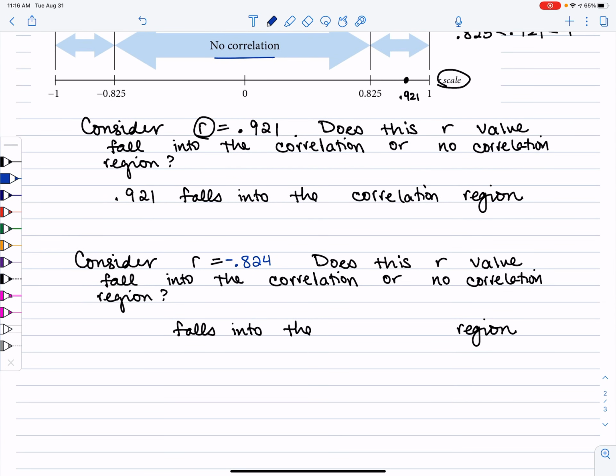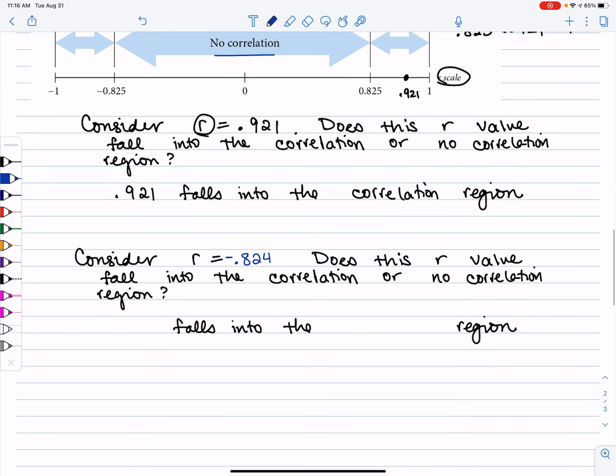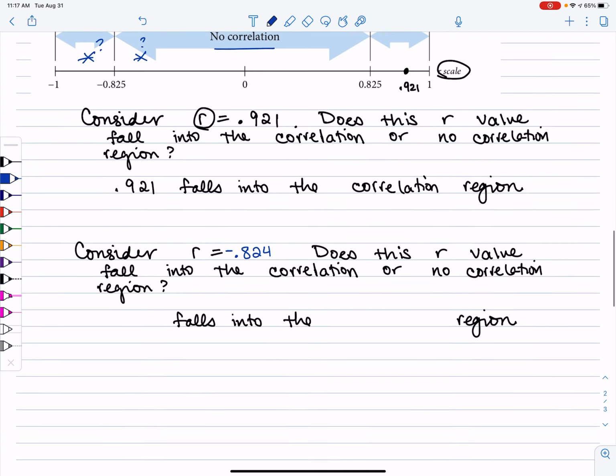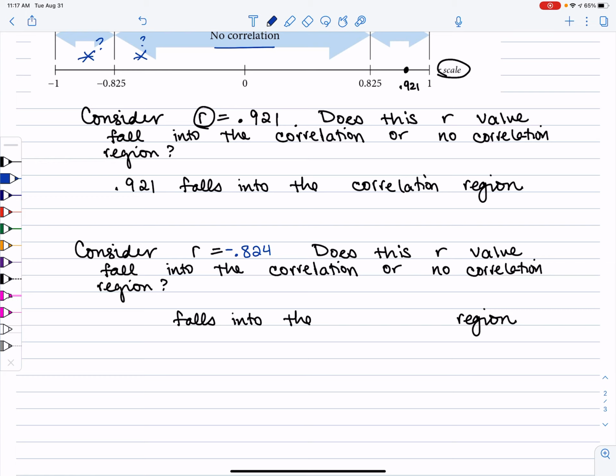Well, let's think about negative 0.824. You probably already know the answer, but I want to review a couple of other things. So does negative 0.824 fall here or does it fall here? So we are questioning where that falls into. So what we're going to do is compare those numbers. Okay.